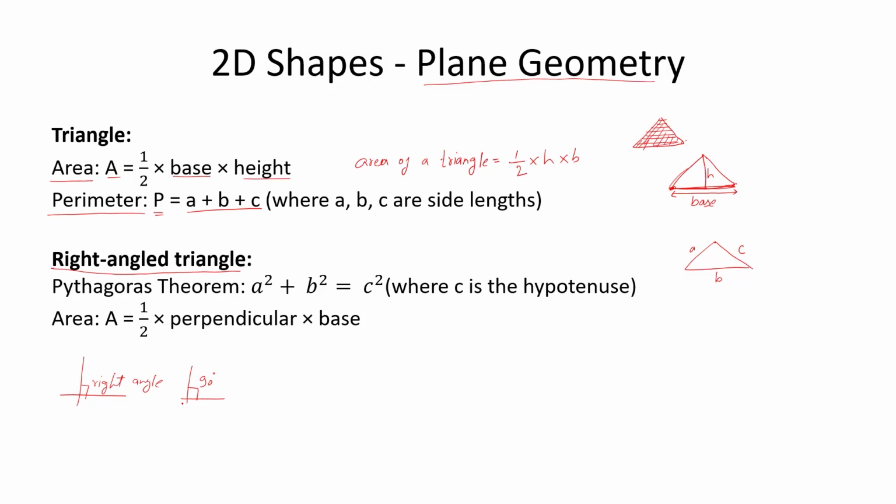Two lines perpendicular to each other means the angle between these two lines is 90 degrees, and we also call that angle a right angle. Now use a bit of intuition and think about what could be the meaning of right angle triangle. Right angle triangle means two sides are perpendicular.